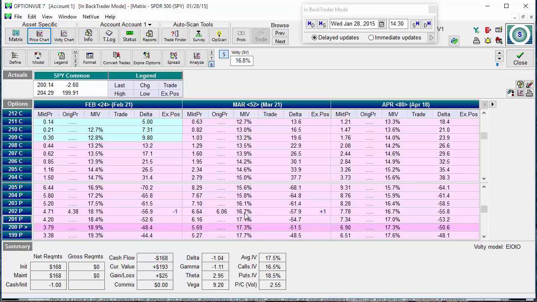Granted, the percentage and the ratio is not as much as these, but we still offset, because these are higher priced options, more time to expiration, the profit on these offsets the loss on these. Okay, so I hope that's very apparent and very key, and you understand that.